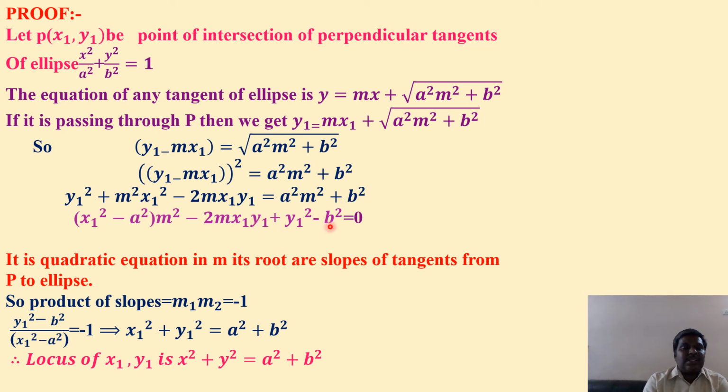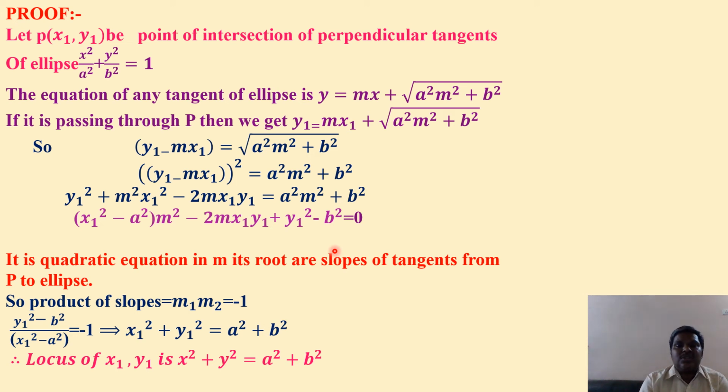These are the roots of this equation. Since the tangents are perpendicular, equate their product of slopes to minus 1. On that condition, we obtain x1 square plus y1 square equal to a square plus b square. Clearly, we can write the locus of (x1, y1) as x square plus y square is equal to a square plus b square. Okay, this is the proof related to the director circle.